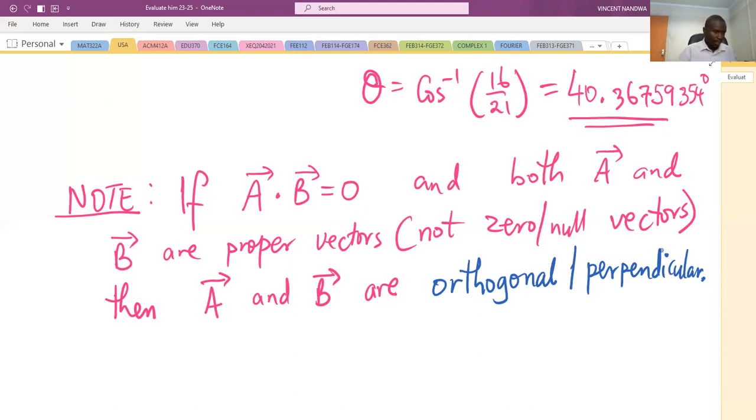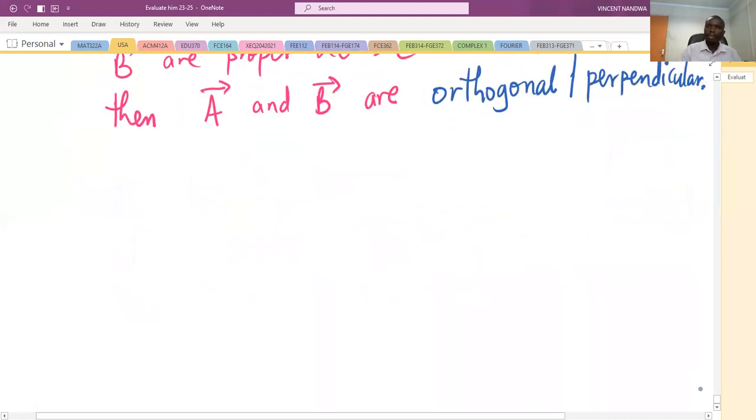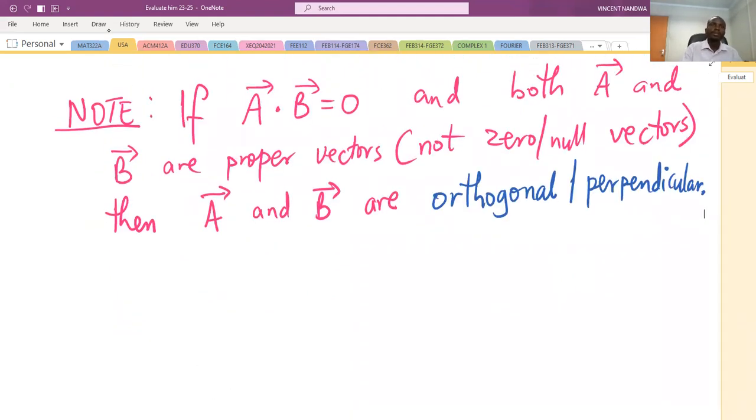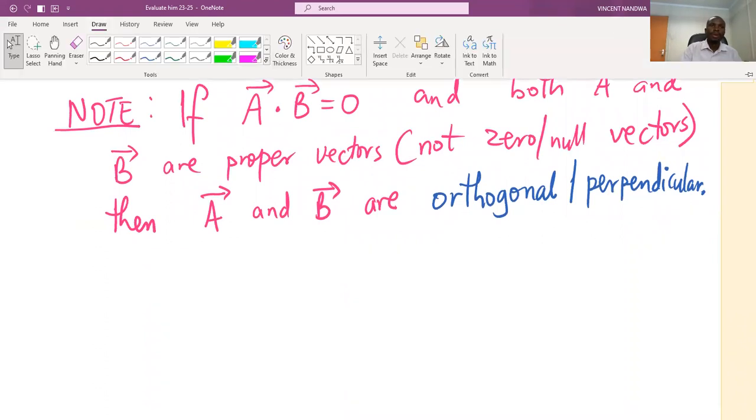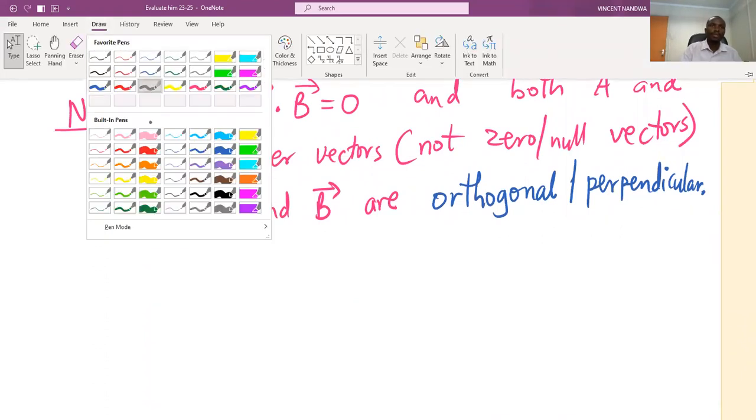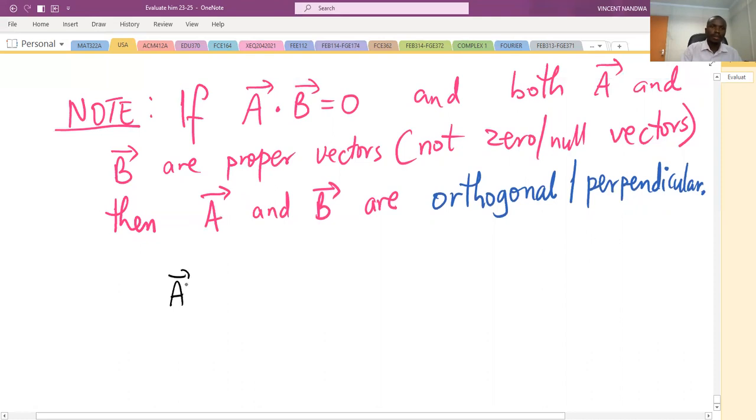So just as an example, remember that result is obtained from definition of dot product A dot B being given by magnitude of A times magnitude of B, then cosine of the angle between the two vectors.